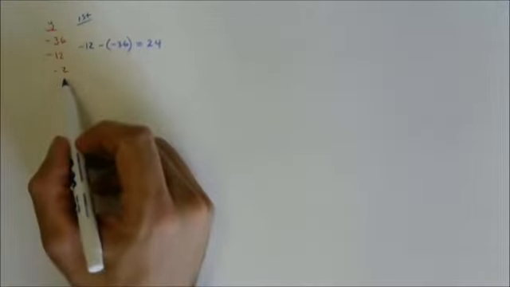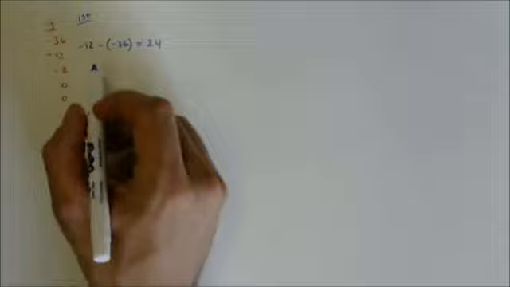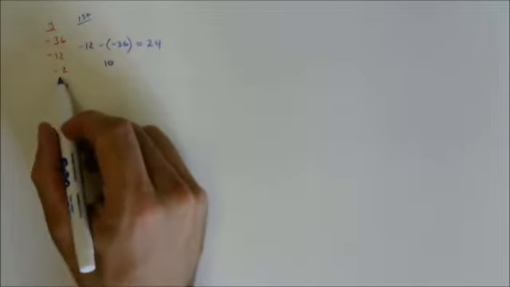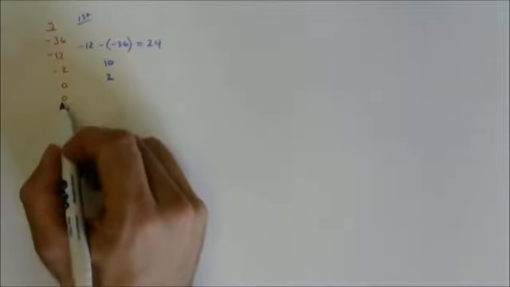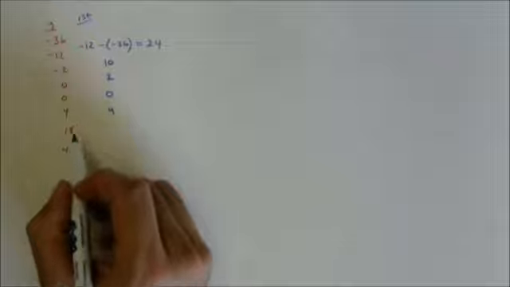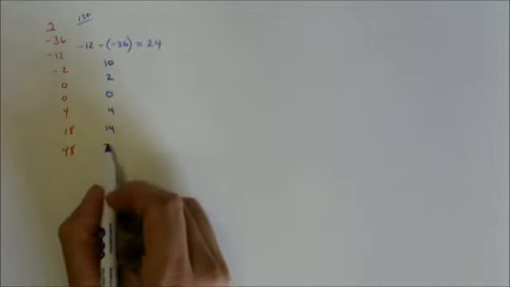Okay? Then you have negative 2 minus negative 12, negative 2 plus 12, that's 10. Then you have 0 minus negative 2, that's positive 2. 0 minus 0 is 0. 4 minus 0 is 4. 18 minus 4 is 14. 48 minus 18 is 30.